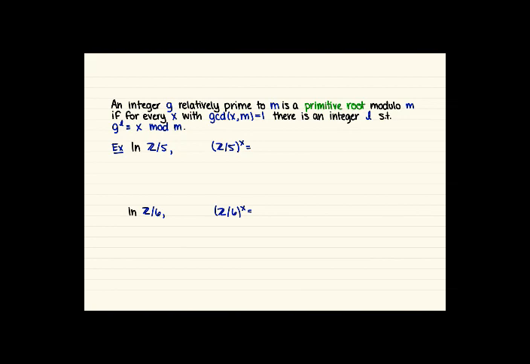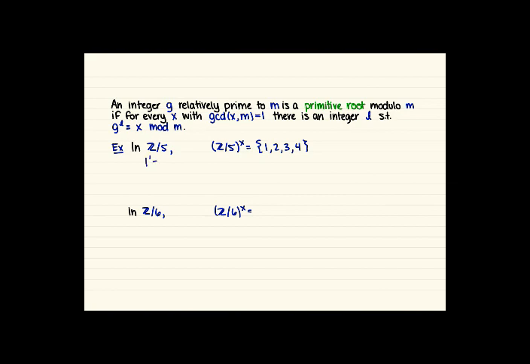So for example, if we're looking in Z mod 5, then the elements in the multiplicative group are 1, 2, 3, and 4. So we're going to be looking to see if we can get all of those as powers of elements. So let's start by looking at 1 and figure out if 1 is a primitive root.